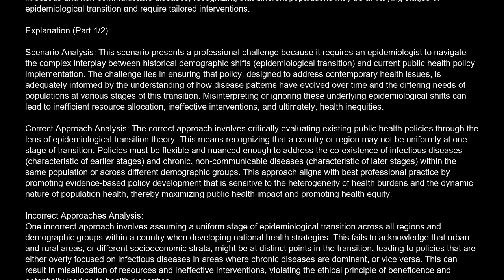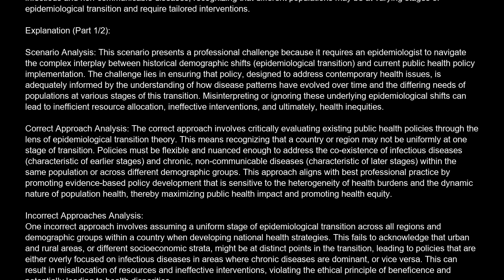Correct approach analysis. The correct approach involves critically evaluating existing public health policies through the lens of epidemiological transition theory. This means recognizing that a country or region may not be uniformly at one stage of transition. Policies must be flexible and nuanced enough to address the coexistence of infectious diseases, characteristic of earlier stages, and chronic, non-communicable diseases, characteristic of later stages, within the same population or across different demographic groups.